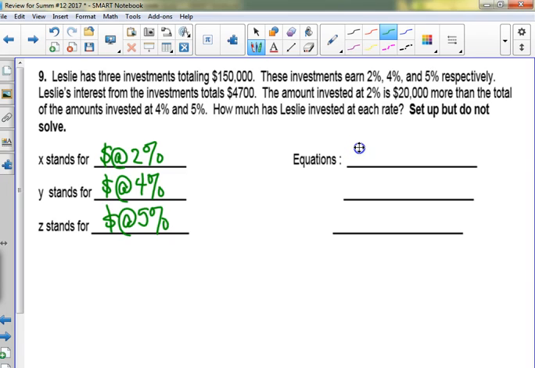You're going right to the tricky one? What are we doing? Oh, the amount invested at 2% is 20,000 more than the total invested at 4 and 5%. Does that equation seem okay? Yeah.